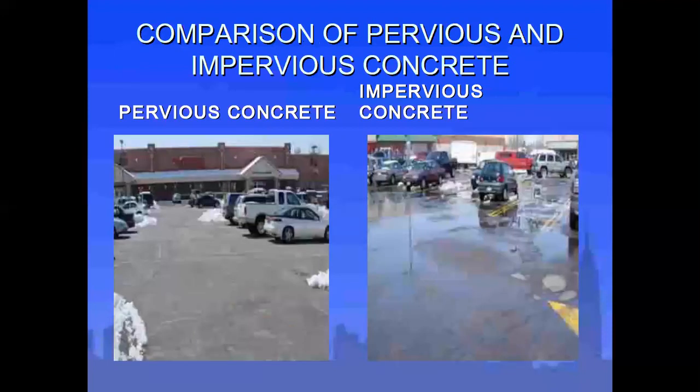The next part is the comparison of pervious concrete and impervious concrete. Here you can see the picture of both roads. On the left side is the pervious concrete, and on the right side is the impervious concrete. On the left side, there is no sign of water, only dampness after the rainfall. On the right side, water is still accumulated on the surface of the road.